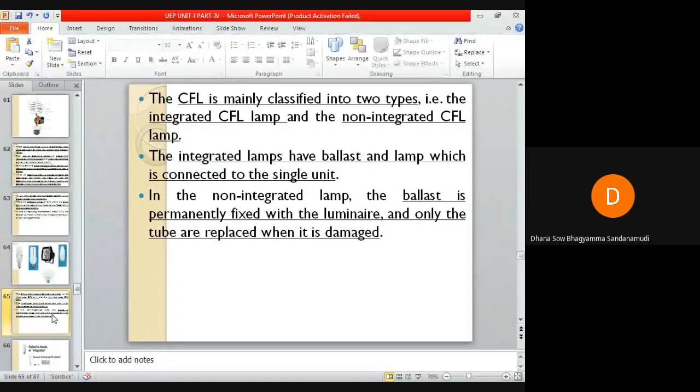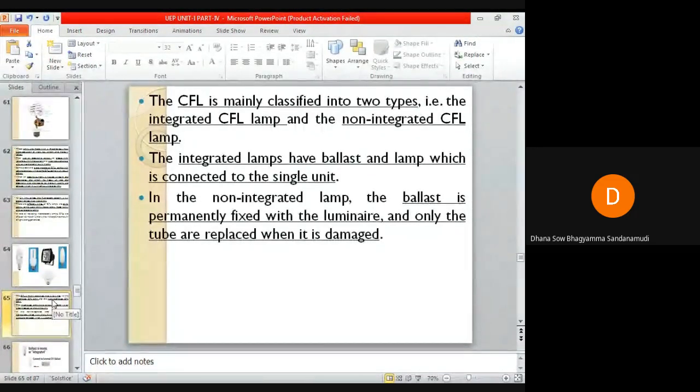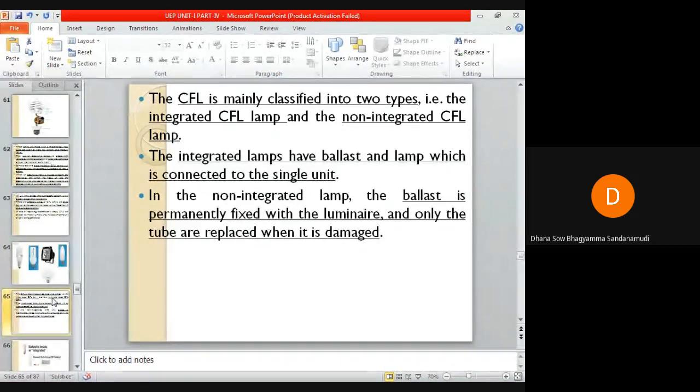Okay, the compact fluorescent lamps, you can categorize them into two types. One is integrated compact fluorescent lamp. The other one is non-integrated compact fluorescent lamp. So compact fluorescent lamps are of two types: integrated and non-integrated.